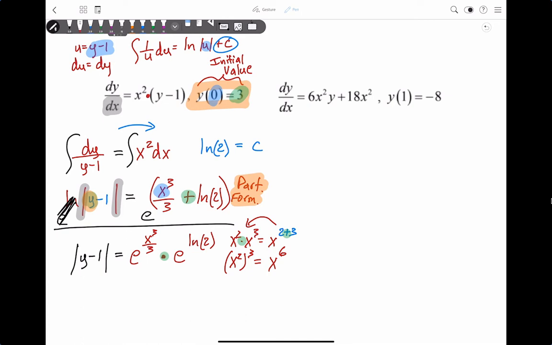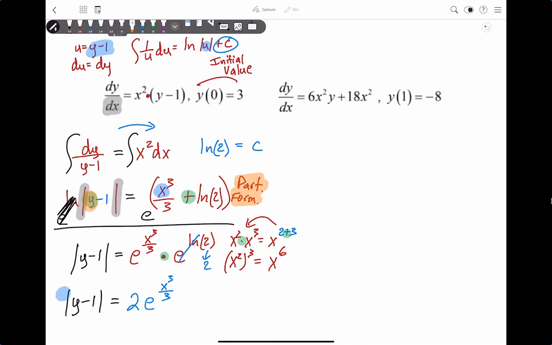Now, we know we can simplify this and bring the 2 down as a coefficient. So we could have 2 times e to the power of x cubed over 3 on the right side. And then on the left side, we have this absolute value of y minus 1 piece. Now, at this step, when we're almost done, we're going to go ahead and use our initial value condition to see whether or not this piece should be positive or negative.